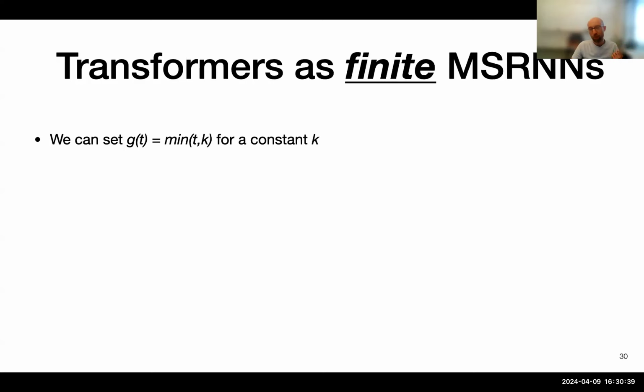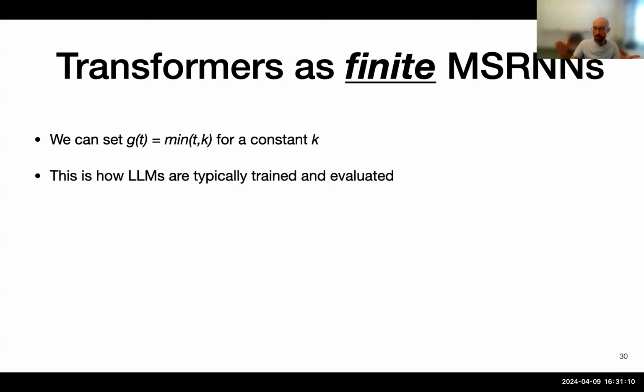But what I'm trying to show you now is that while they're potentially infinite, they're actually being used as finite MSRNNs. Basically, when you set GT to be the minimum between T and some constant K. So we don't allow the model to go infinitely, but we stop it at some point K. Now, this is how LLMs are typically trained and evaluated. If you take Llama, for example, a typical LLM, it is trained with a context window of 4,096.